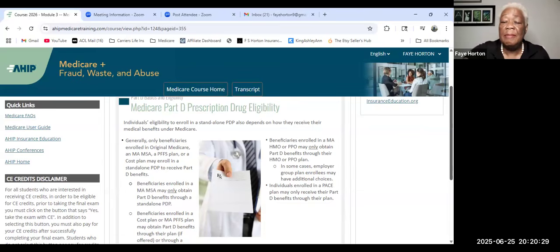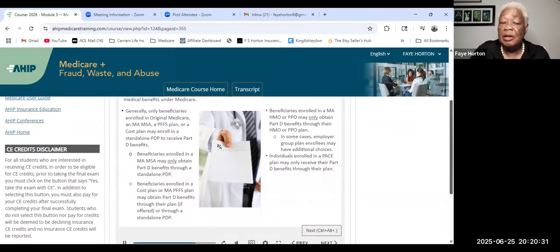Beneficiaries enrolled in a Medicare Advantage Medical Savings account may only obtain Part D benefits through the standalone prescription drug plan.